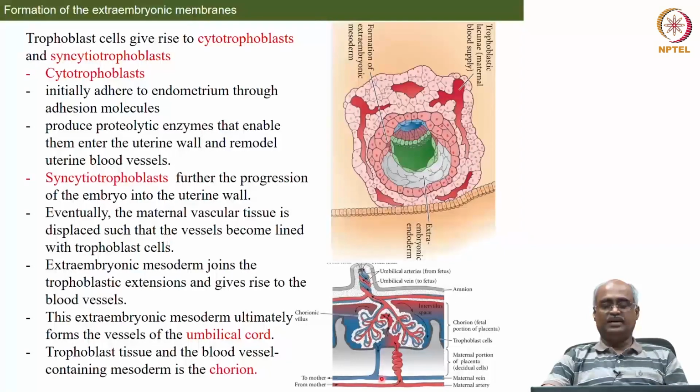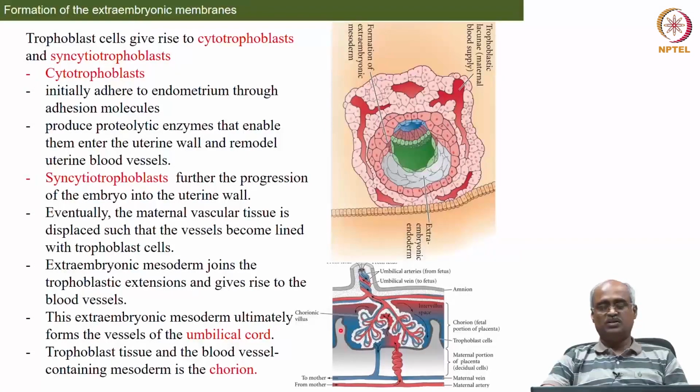So the oxygen and other food supply from the mother's circulation comes into this area from which this chorionic villus takes up, and similarly urea and carbon dioxide from this diffuses into this area from which it drains into the mother's vein. Okay, so this is how the placental structure actually forms.